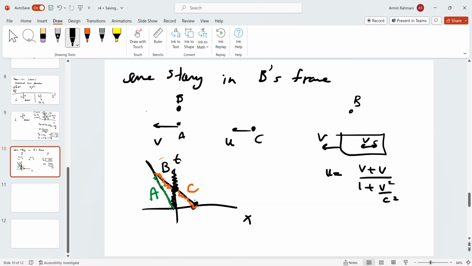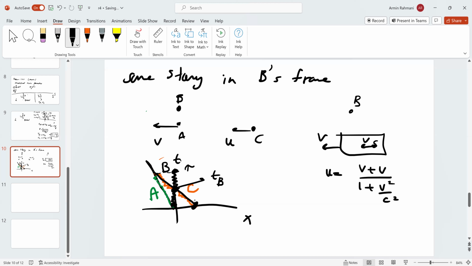Suppose in B's frame, this time from here to here, we call that little T sub B. And let's call from here to here the extra time before the second event, the meeting between A and C, let's call that tau sub B or something.